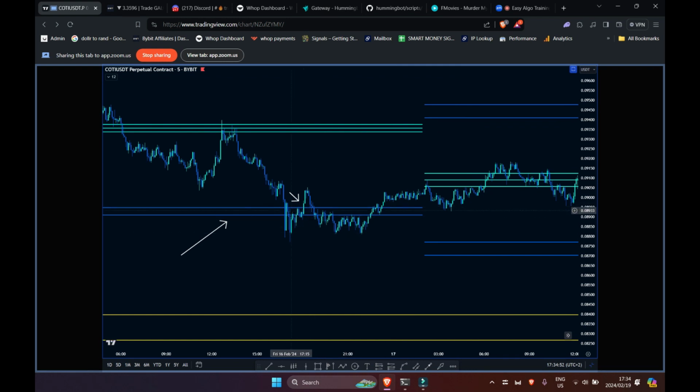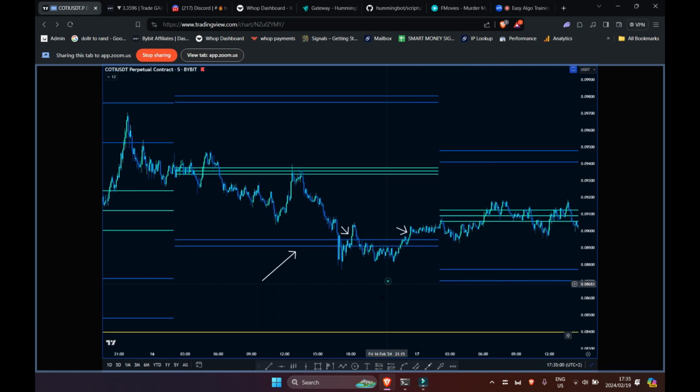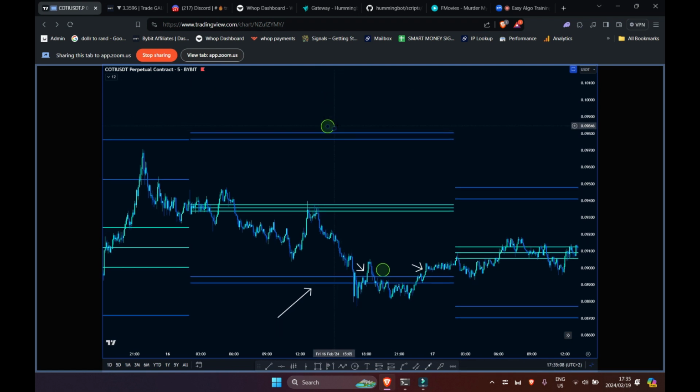These resistances. As price breaks back in, these also become entry areas as when they go out. So if we're on an uptrend, we're going to enter when price breaks just above these 2 resistances, or we're going to enter when price breaks these resistances here. You see we've got the 2 blue lines here and here.